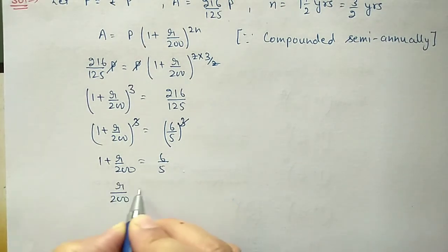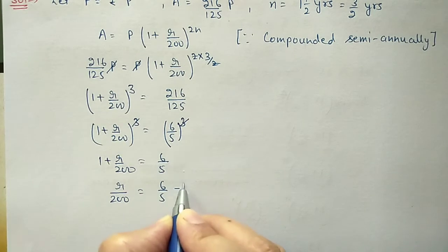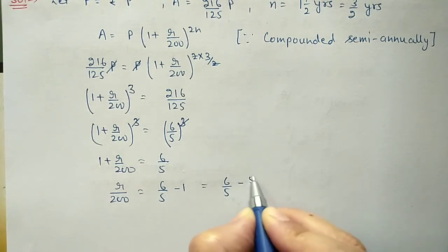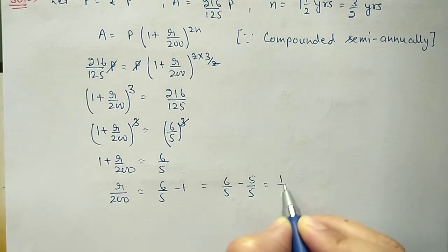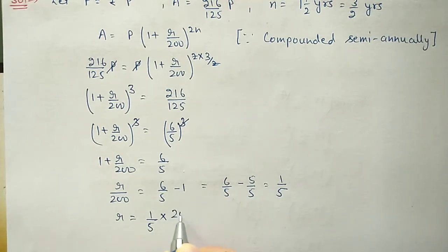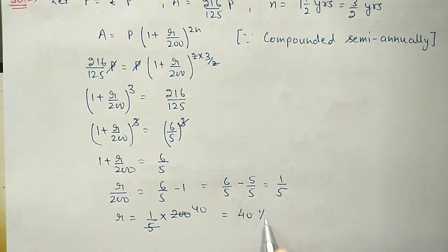R by 200 is equal to 6 by 5 minus 1. 1 we can write with the same denominator, 5 by 5, and it will come 1 by 5. Now 200 also we can shift to the other side. It will go for multiplication, cancel out. 40 times it will go. It means the rate of interest is 40% per annum.